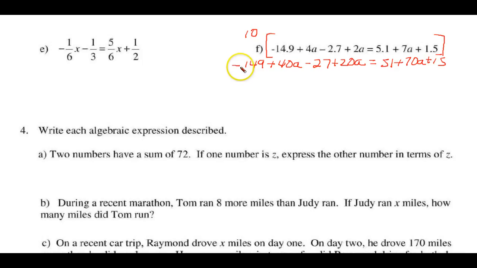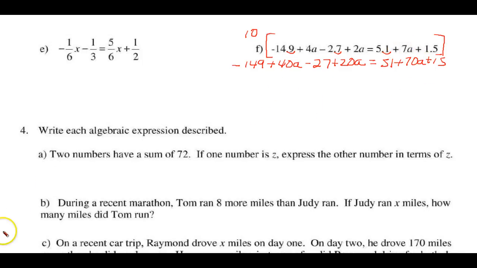That will give us a negative 149, a positive 48. We had to add a 0 to move the decimal place over. This became a negative 27, a positive 28, 51, 70a, 15.